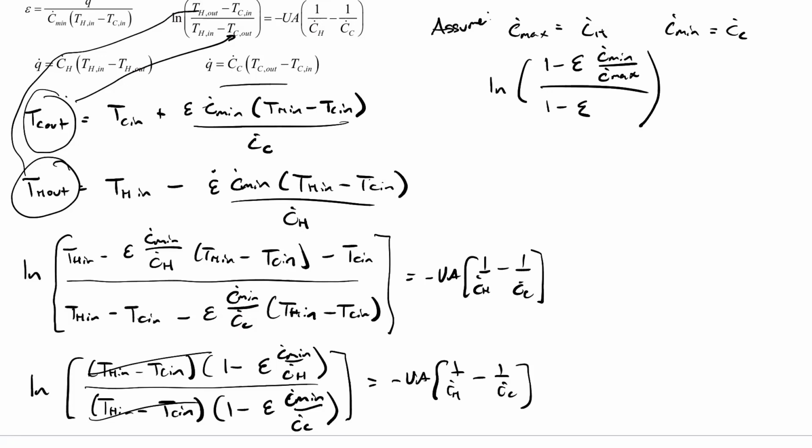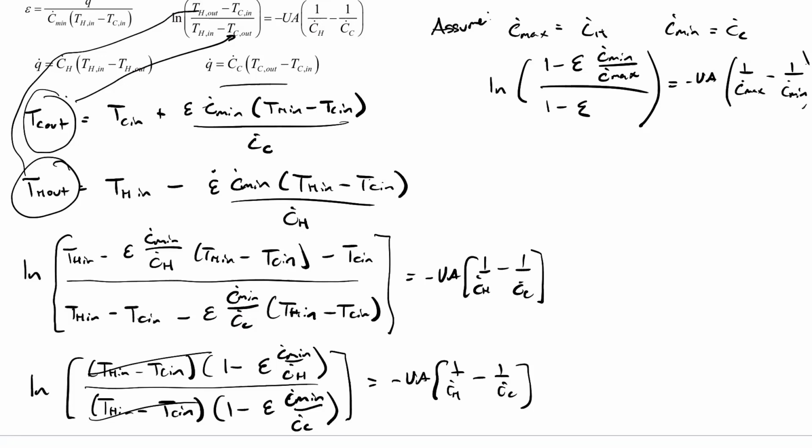So it just is this. And then on the right-hand side, we have minus UA times 1 over C.h, and C.h was C.max, minus 1 over C.min.